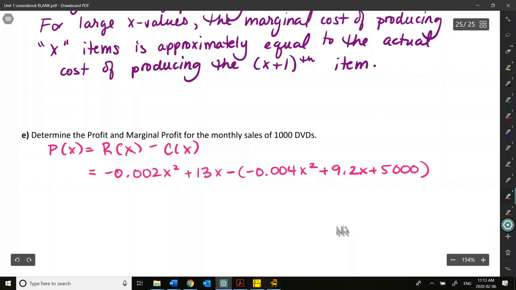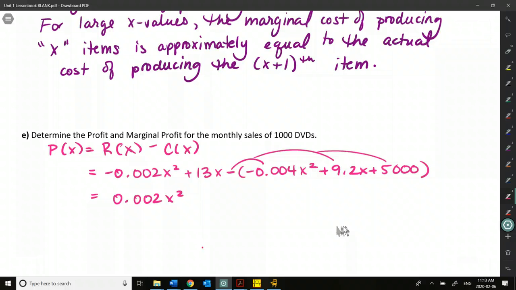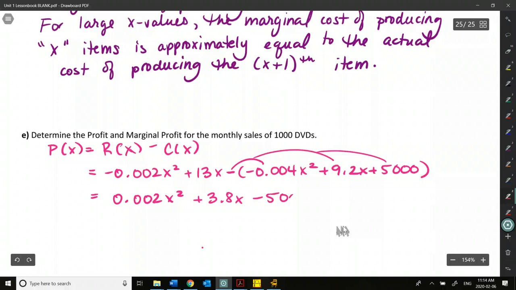The reason why I'm doing this is because we're going to have to find marginal profit, so I need to have the equation in order to find that. Once you simplify here, you should get positive 0.02x squared when you add these, plus 3.8x minus 5,000. This is going to be our profit function.